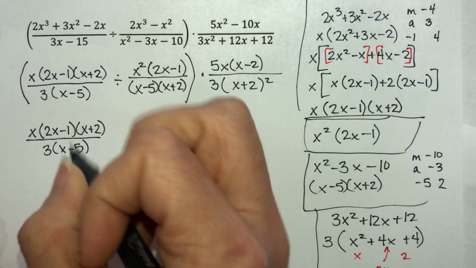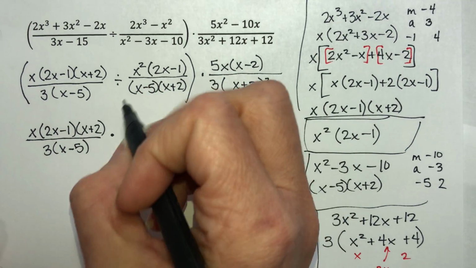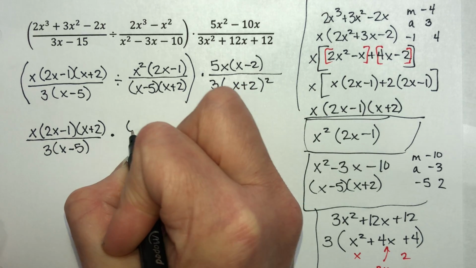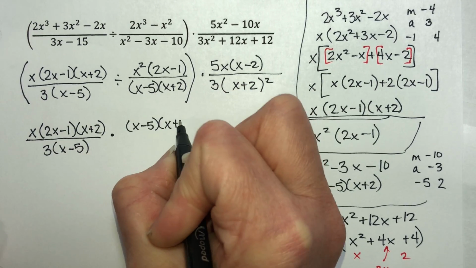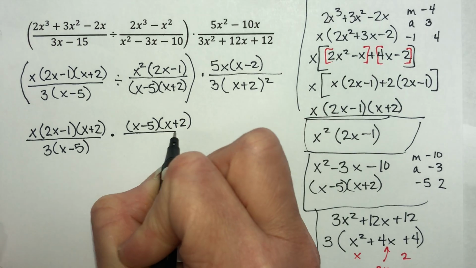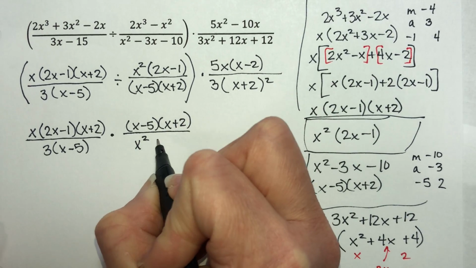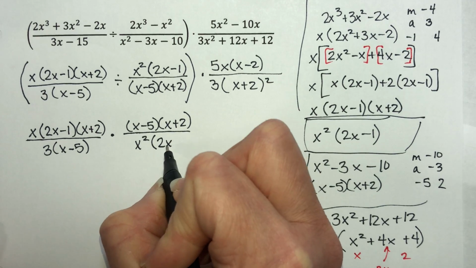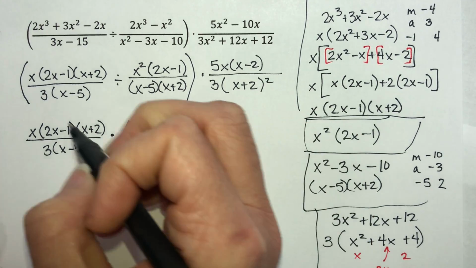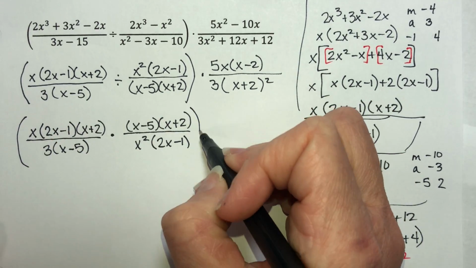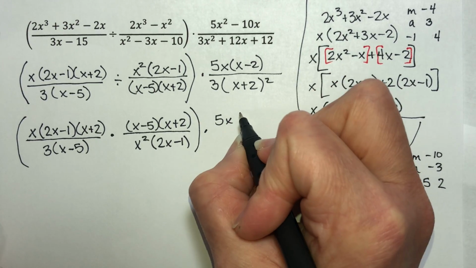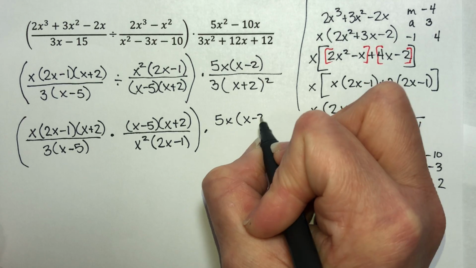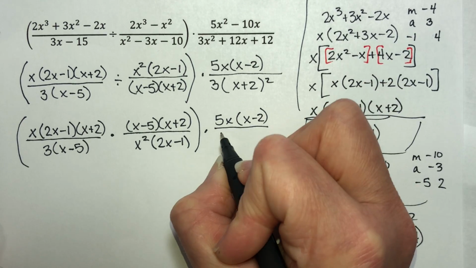So I kept this one, change it to multiplication, and then we're going to flip this one. And this is a multiplication, and I'm not even really worried about it yet. I have another step coming to deal with this, so it's just a recopy.